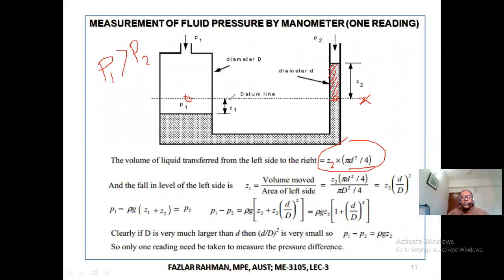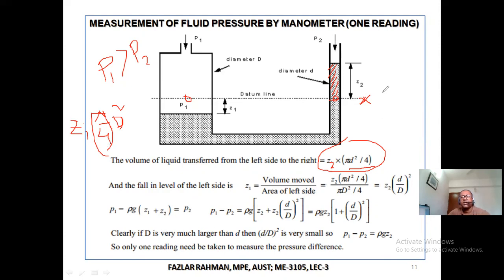Now, how can we figure out the height Z1? Because the volume of fluid is the same, right? So how much is the left side volume? I can say Z1 into pi by 4 divided by big D square. This much volume from the left side went to the right side, right?